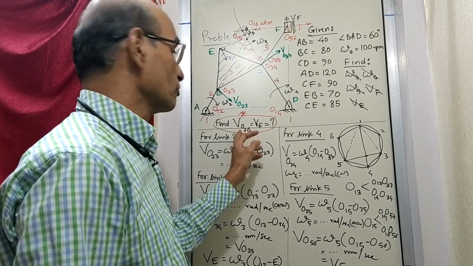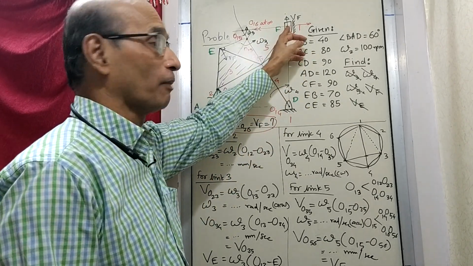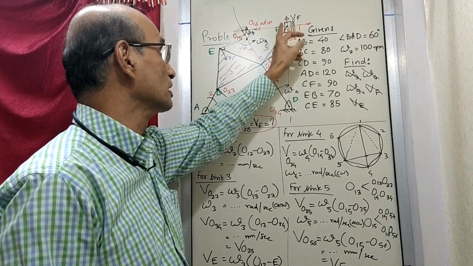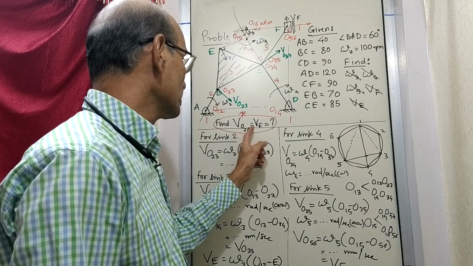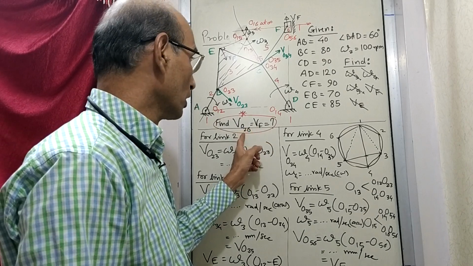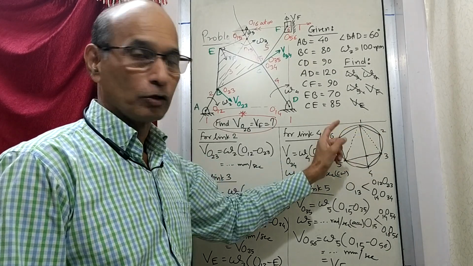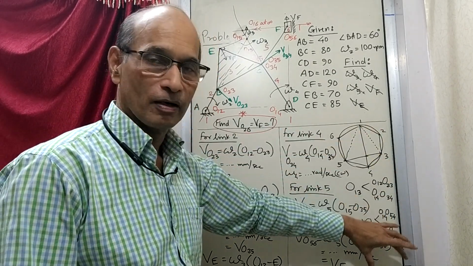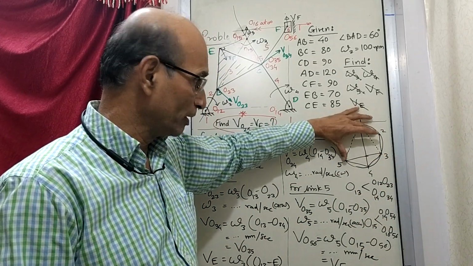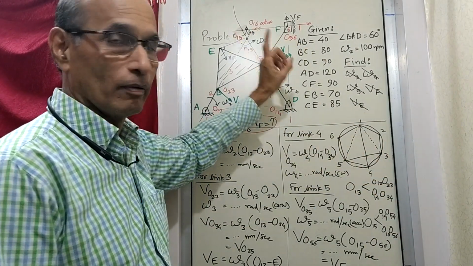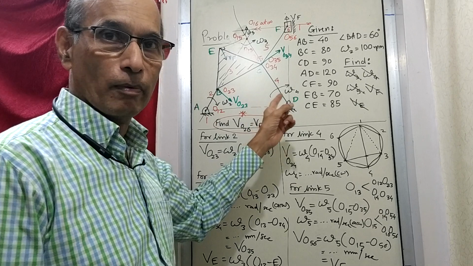So velocity of 26 will be same as velocity of 56, will be same as velocity of 6, will be same as any of the points taken on this link. So therefore if you find this, you will find f. Now for finding out 26, you should know where is 26. And for getting 26, you have to solve this further. You have to find out the centers, different centers, in order to locate 26 wherever it is. Once you do that, you will be able to get the answer.